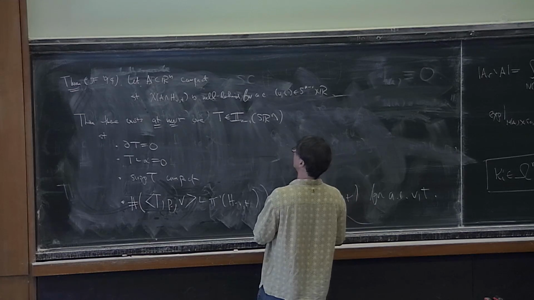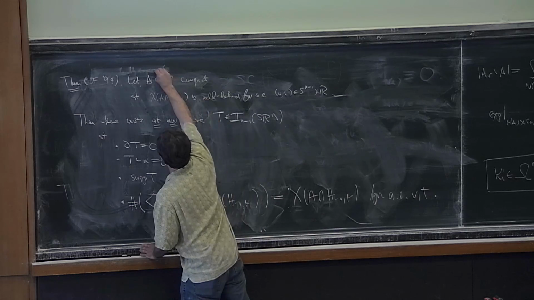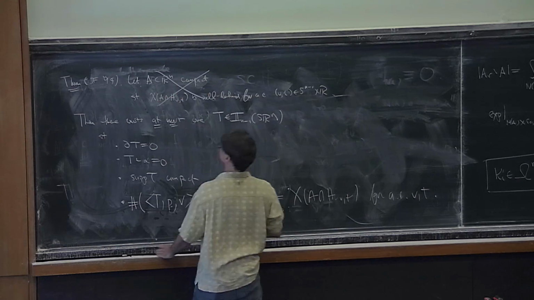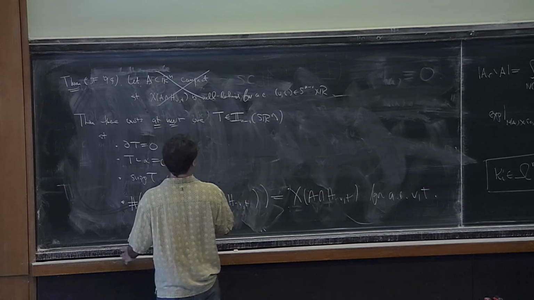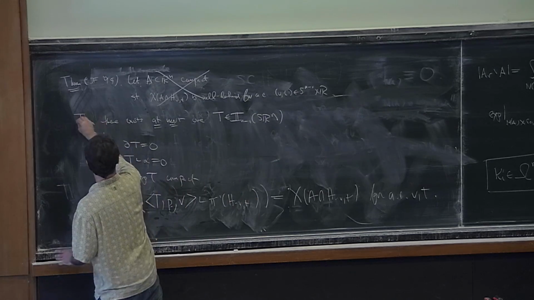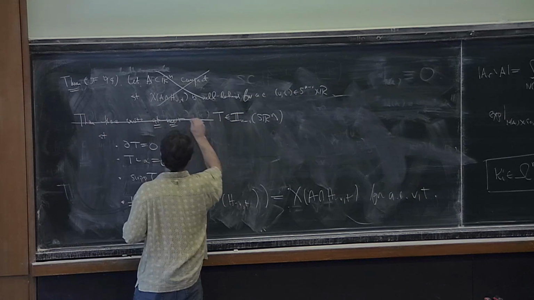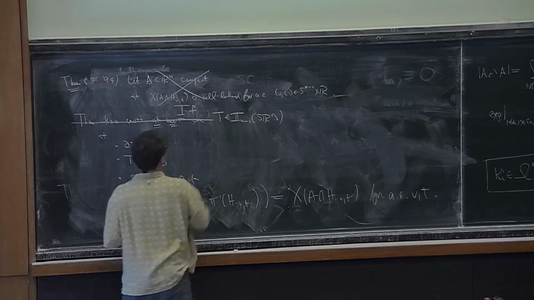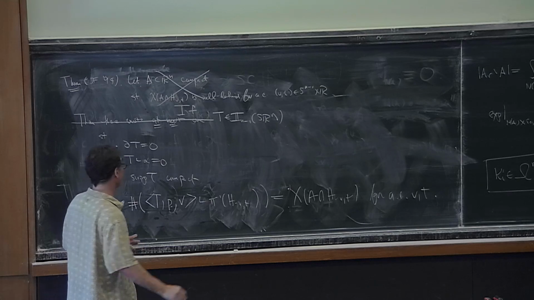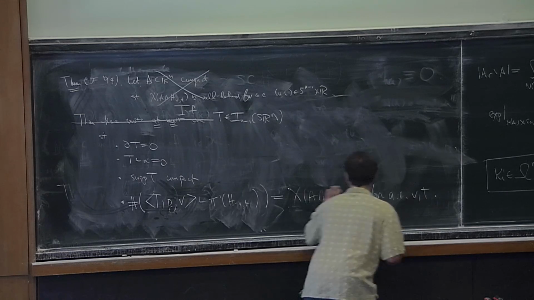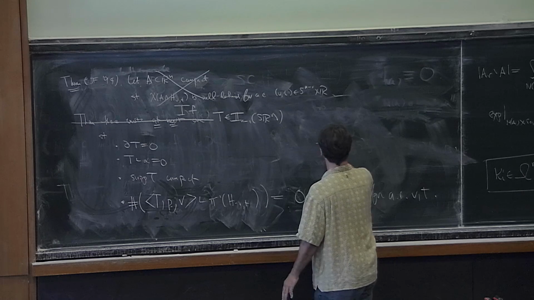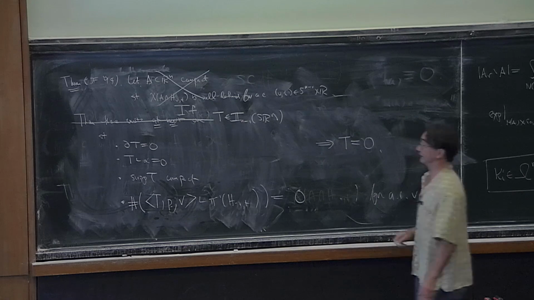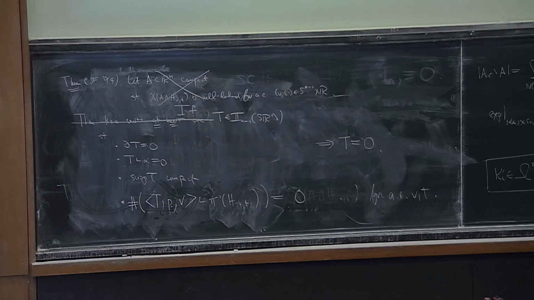So if we just discard this, let me write a formally sensible statement. If I've got such a thing, and this is 0 for all those guys, then T is the 0 current. Okay, T is the 0 current.